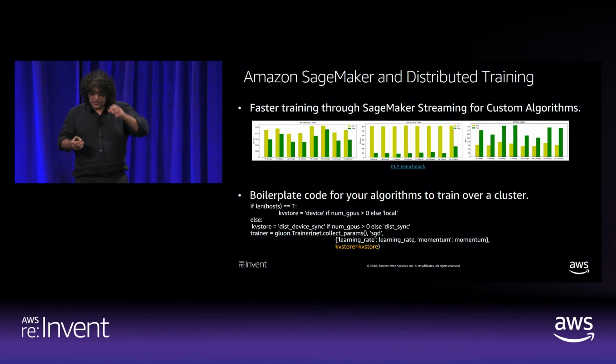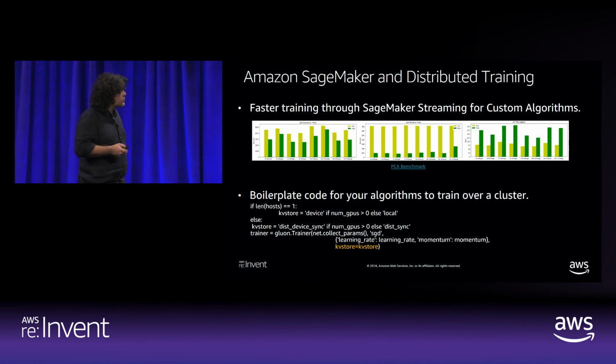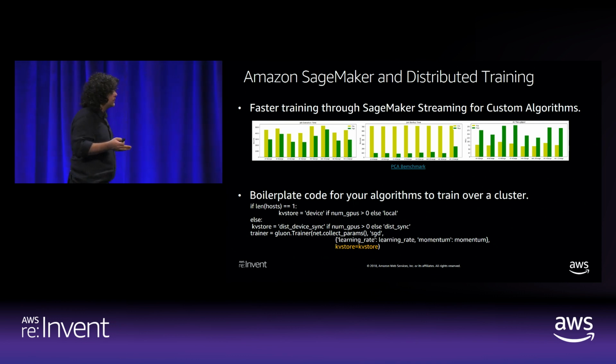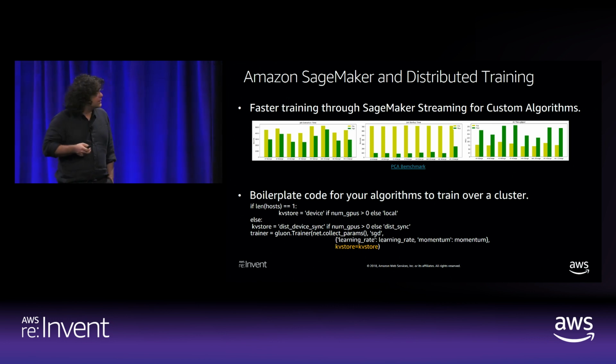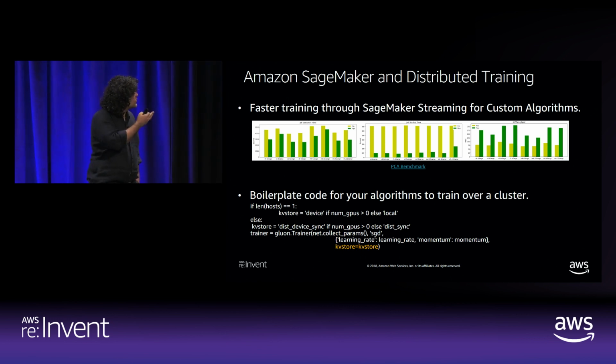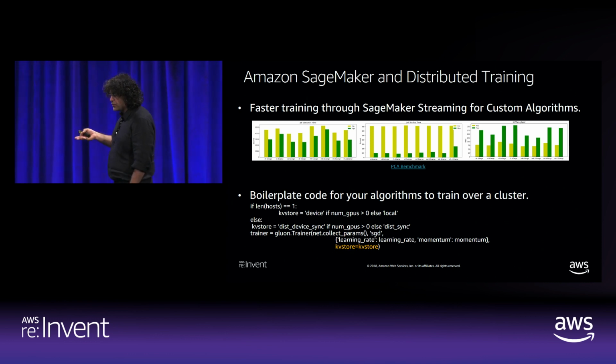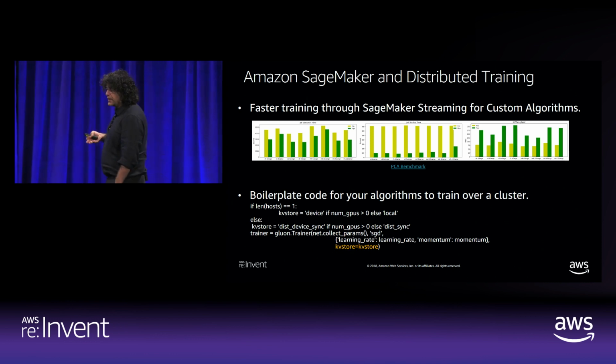SageMaker has a capability called streaming. Streaming used to be only for the built-in algorithms. What you see in here is the data from the PCA algorithm when you use streaming: job execution time, startup, and anything that has to do with data streaming gets faster. Why is it important?